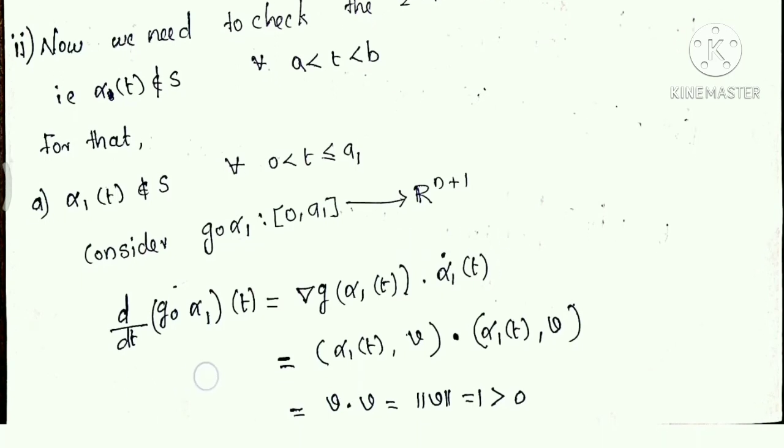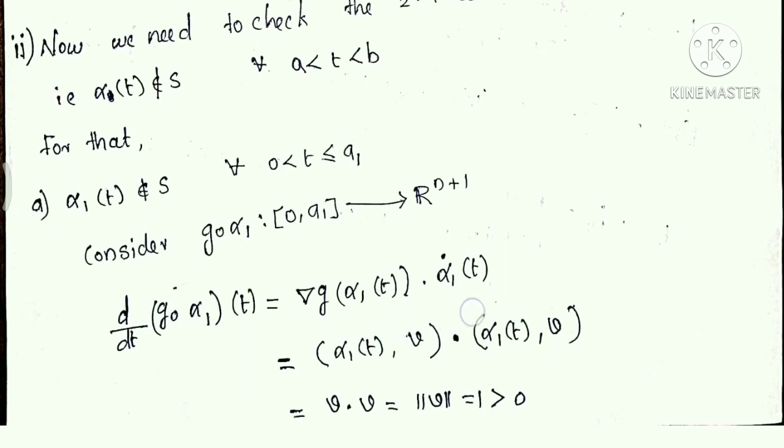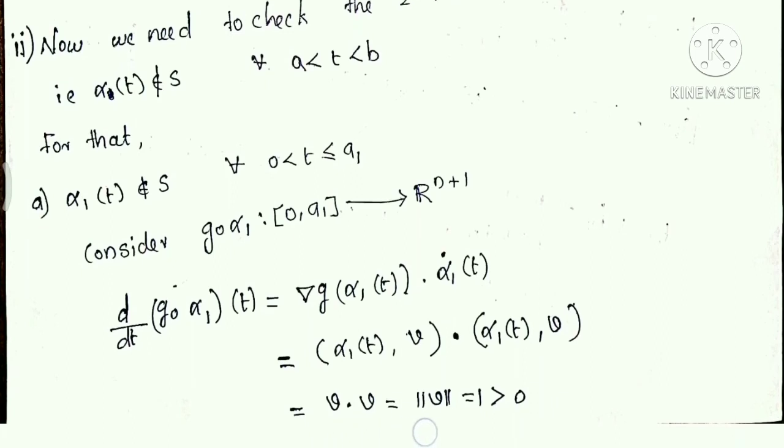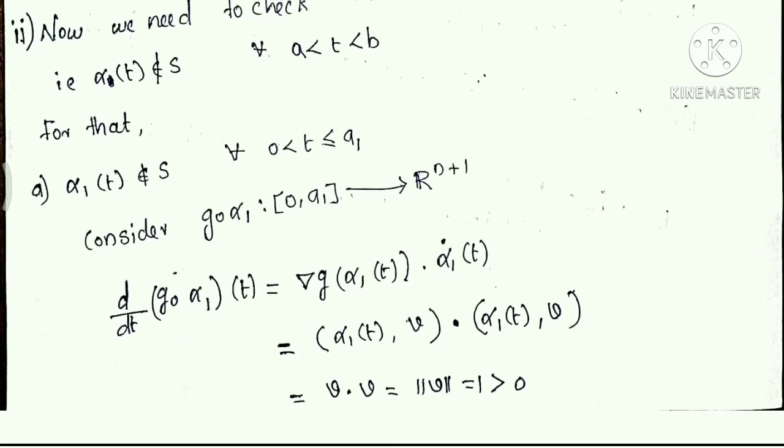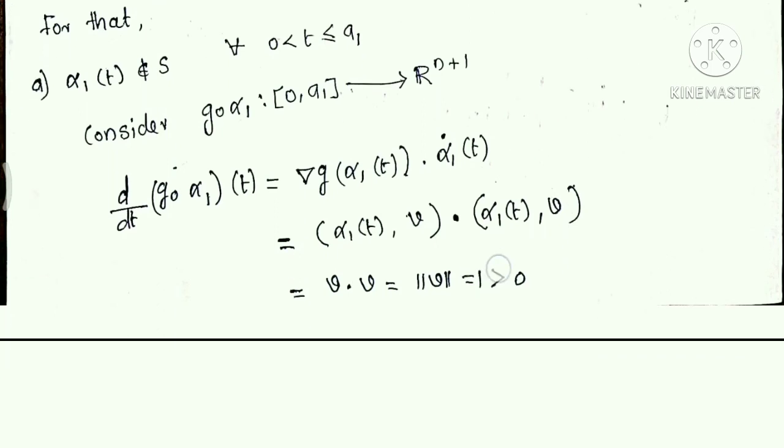Then the derivative of G composition alpha 1 is equal to del G of alpha 1 of t dot alpha 1 dot of t, and it is equal to v dot v, which is equal to norm v, equal to 1, strictly greater than 0. Here the derivative of G composition alpha 1 is strictly greater than 0 for all t belongs to the interval (0, a1].